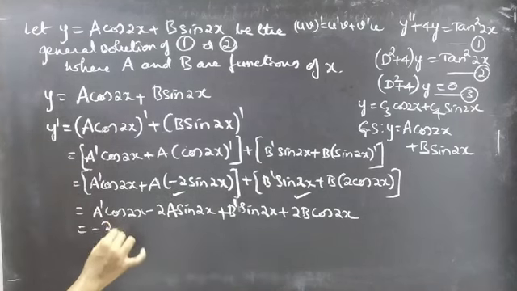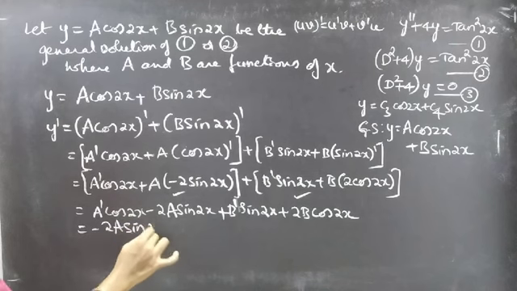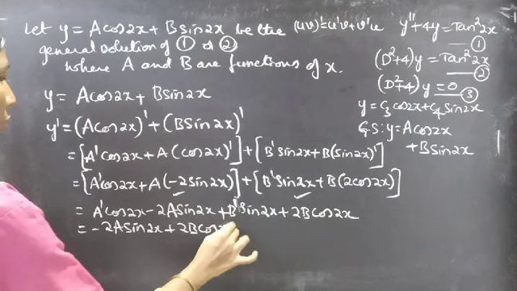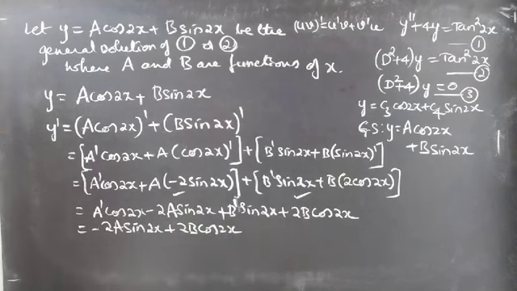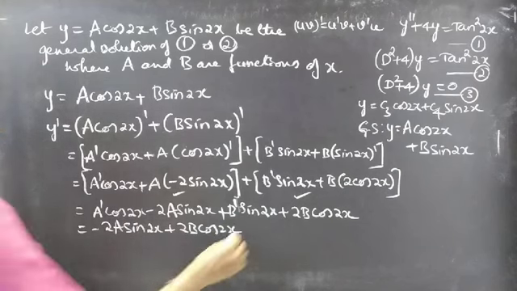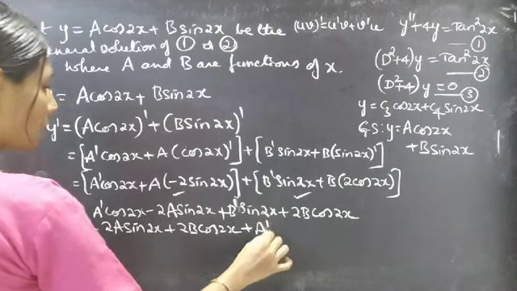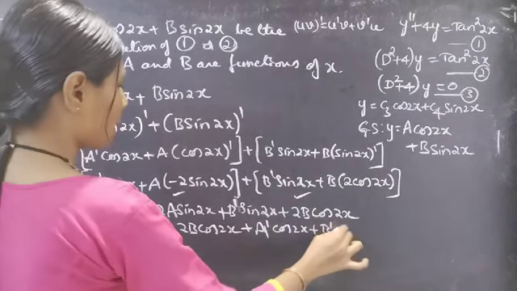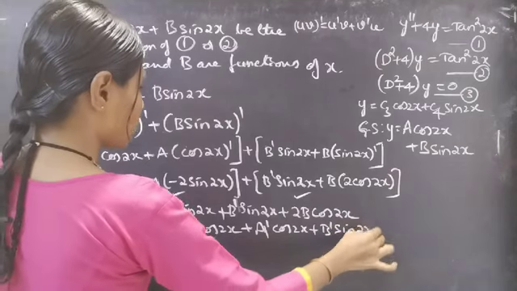Let's now write the terms involving a and b. We'll get minus 2a sin 2x plus 2b cos 2x. Now write the terms involving a' and b'. We'll get plus a' cos 2x plus b' sin 2x.